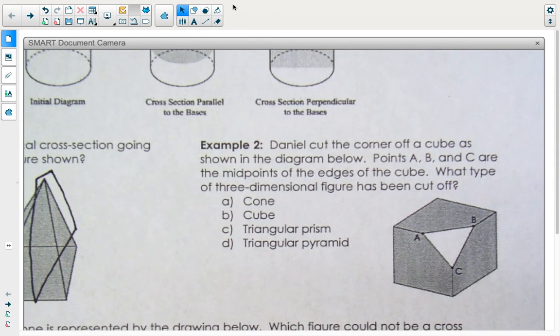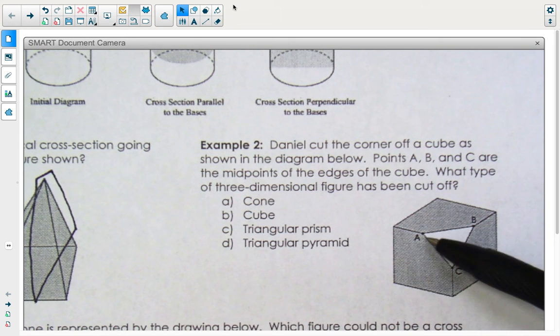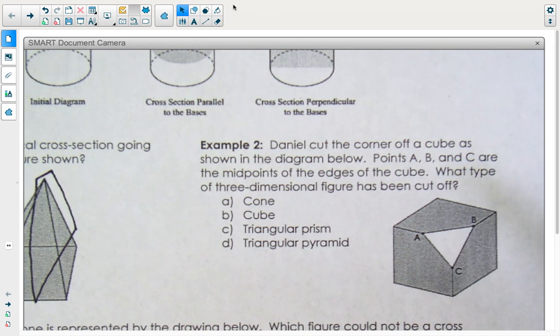Example 2. Daniel cut the corner off a cube as shown in the diagram below. Points A, B, and C are the midpoints of the edges of the cube. What type of three-dimensional figure has been cut off? My options are a cone, a cube, a triangular prism, or a triangular pyramid. I can eliminate the cone because I don't have anything circular here. I can eliminate a cube because my basic shape here is a triangle.